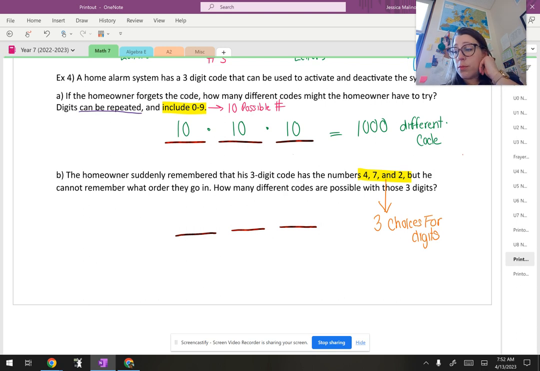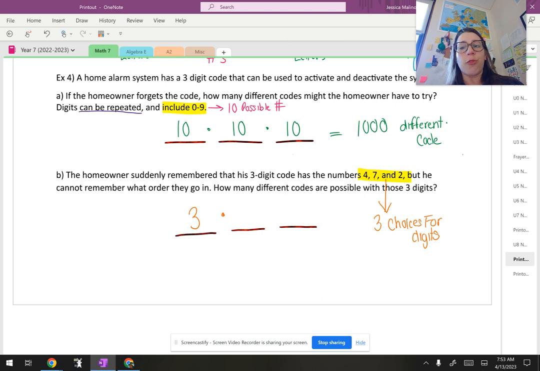So, for the first line, I could either put a 4, a 7, or a 2. So that's 3 potential choices, 4, 7, or 2. Whichever one I pick, I know that I can't repeat it even though they didn't tell me that because I have to use 4, 7, and 2.